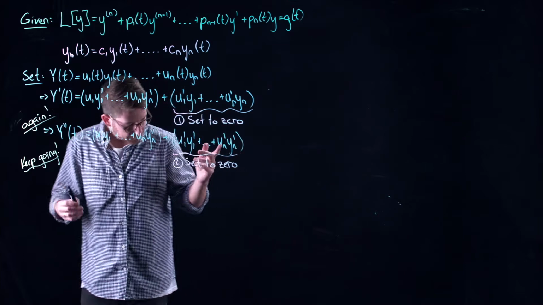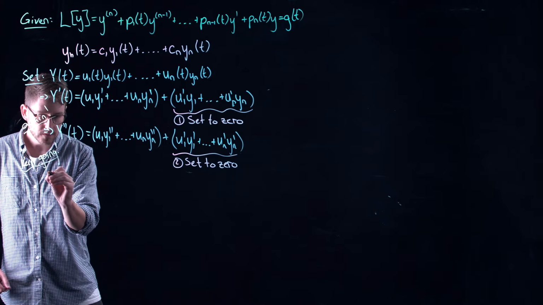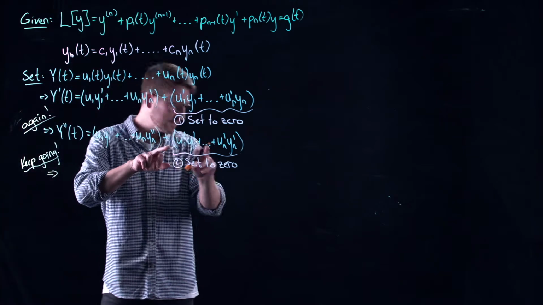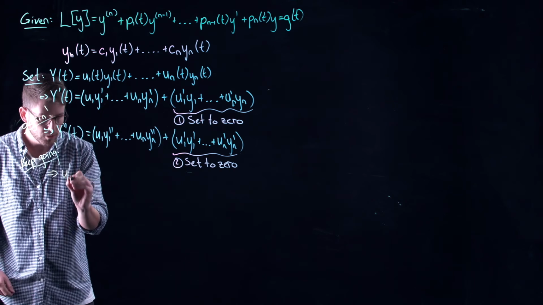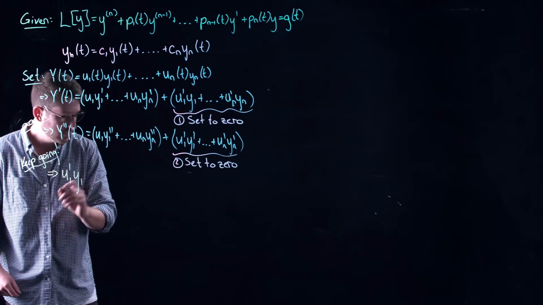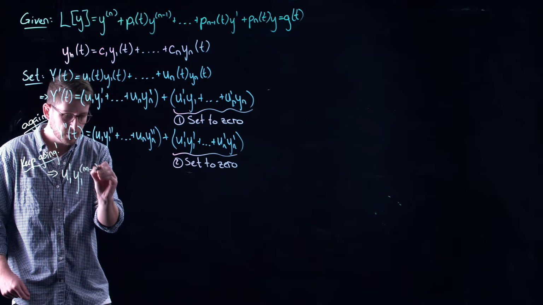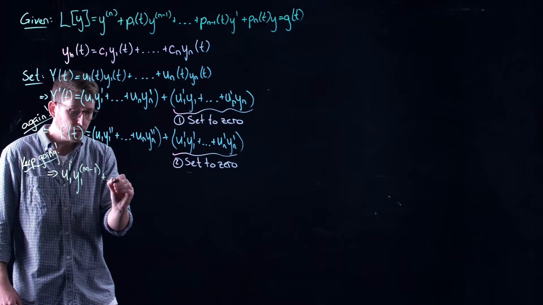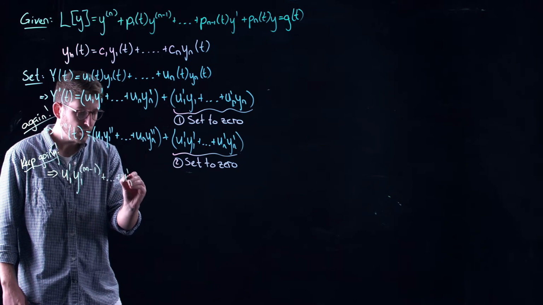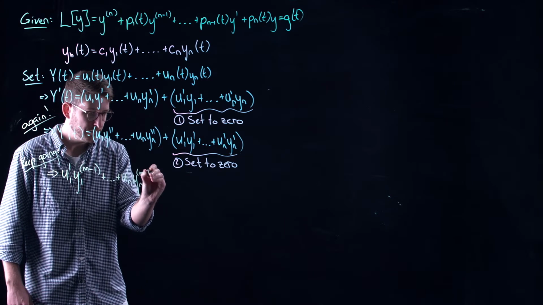So this implies that every time you set this thing equal to 0, you're going to get this condition, okay? u1 prime, y1, and then I'm going to use m as my sort of counting parameter here. So the m minus first derivative of y1 all the way up, un prime, yn, m minus 1.